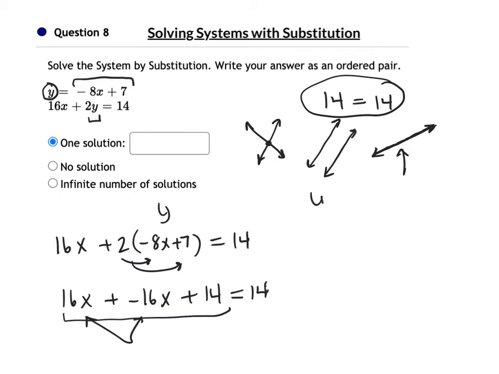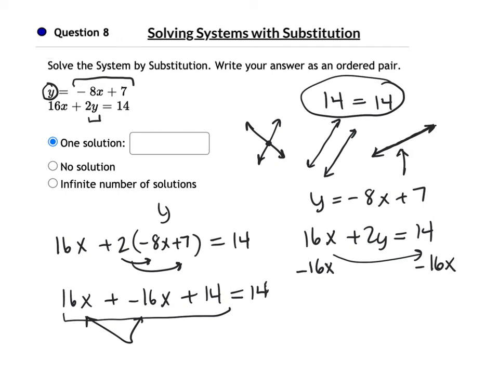And again, if we take our first equation, y equals -8x plus 7, and our second equation, 16x plus 2y equals 14, and compare them, let's solve for y. Move the 16x over, subtract 16x from both sides. We can't combine these two. They're not like terms. That leaves us with 2y equals -16x plus 14.